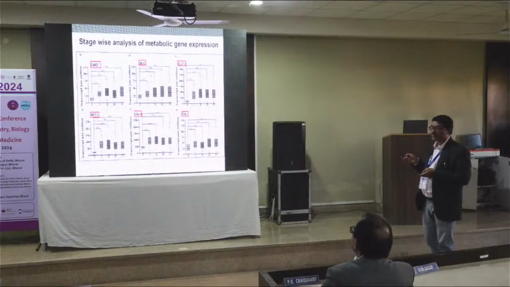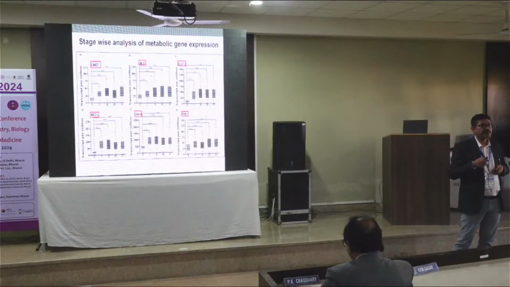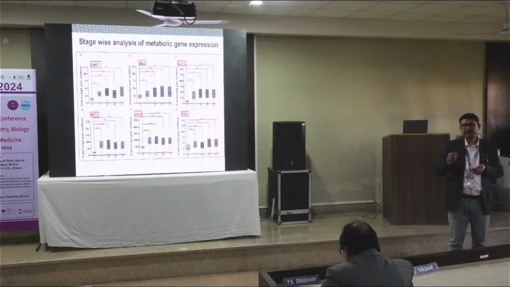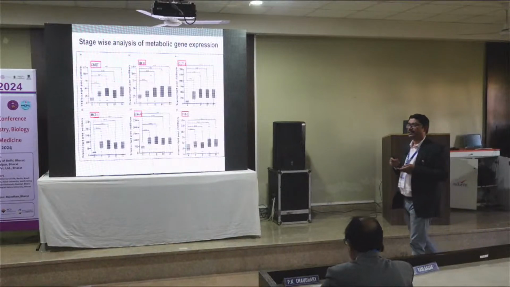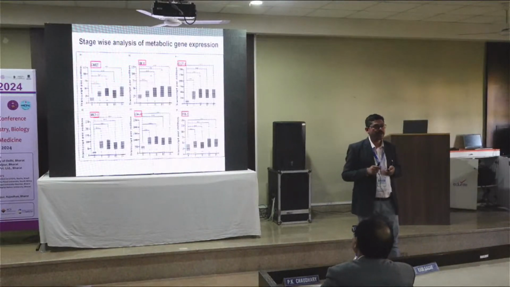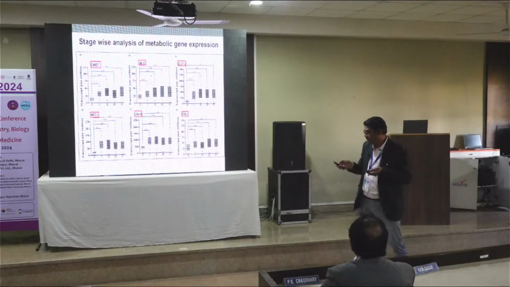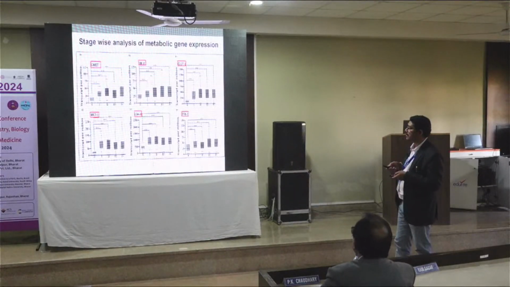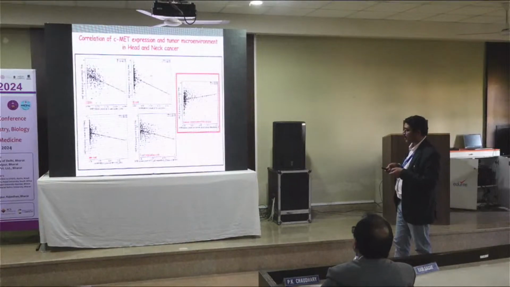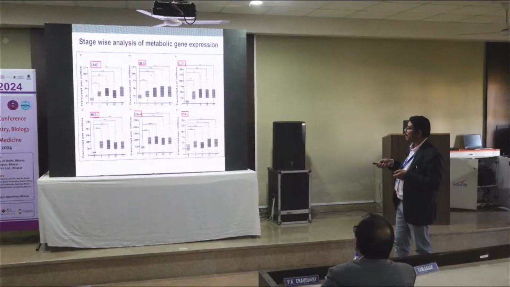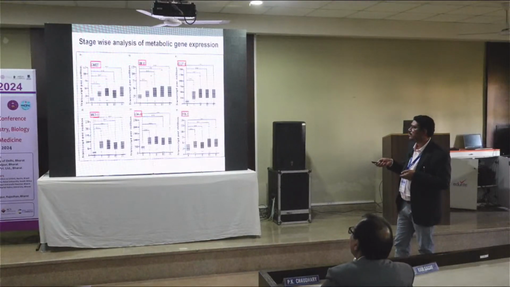This is a very important thing that I mentioned in the beginning of my lecture. If you identify a cancer patient in the early stage, you would be able to treat them well, and cancer patients can survive a normal life. This is the reason for what you see here. This is the stage-wise analysis of gene expression.